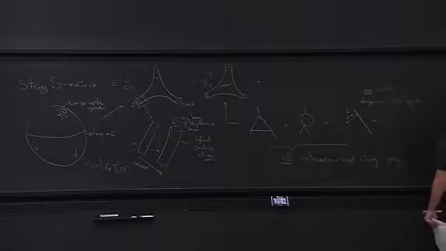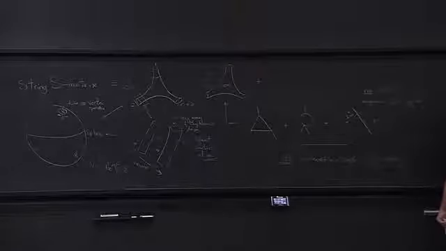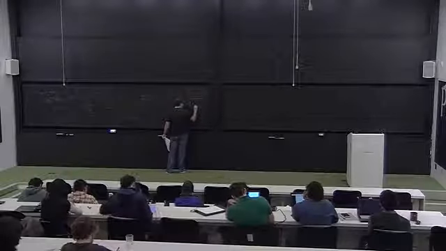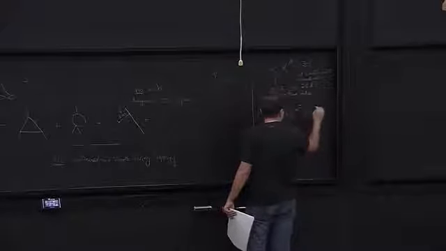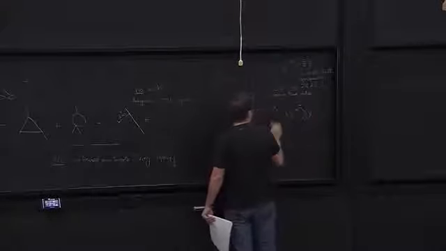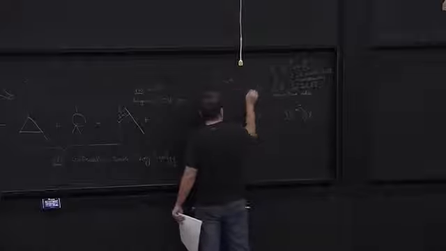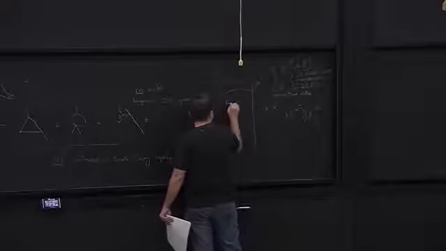There are other vertex operators that you could construct, like e to the i k dot x, now I'm omitting the indices, times, for example, d of x mu, d bar of x nu. Okay? The first one here, for example, in bosonic string, would describe a tachyon.